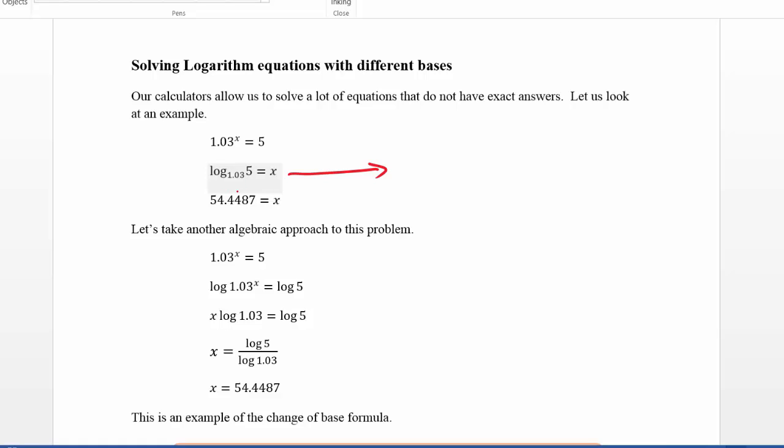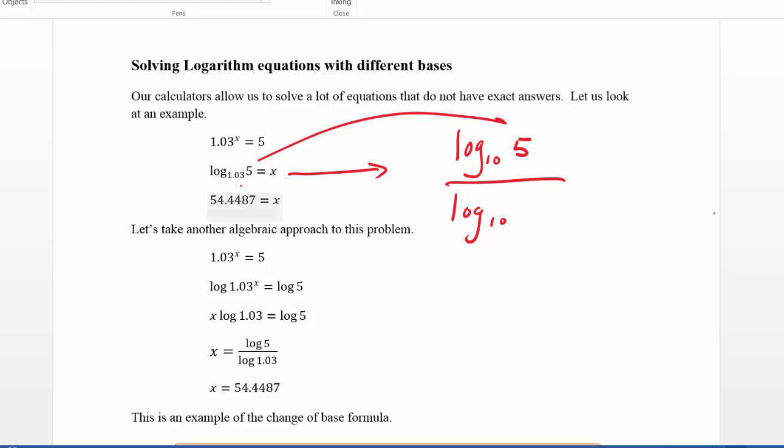What we're trying to introduce to you here is what we call the change of base formula. I can actually change that to have a base 10, and I'll take the 5 and bring it to the top part, and take the 1.03 and bring it down to the bottom part.